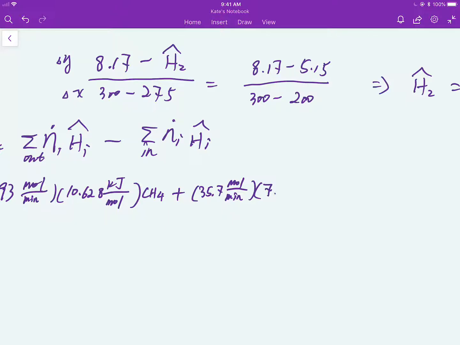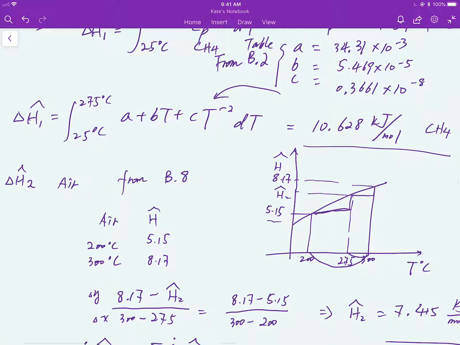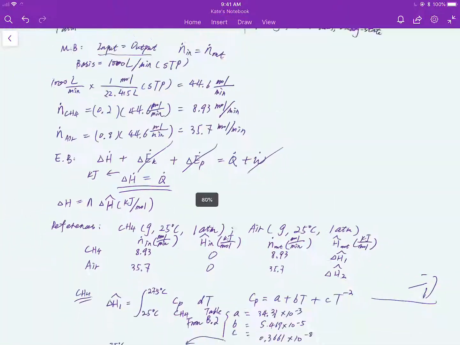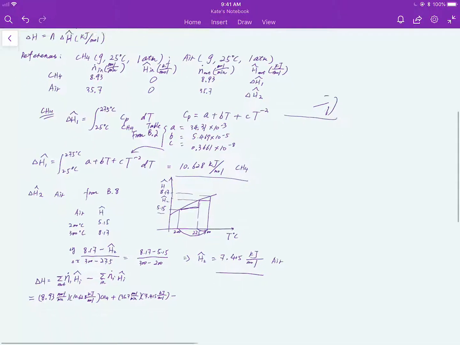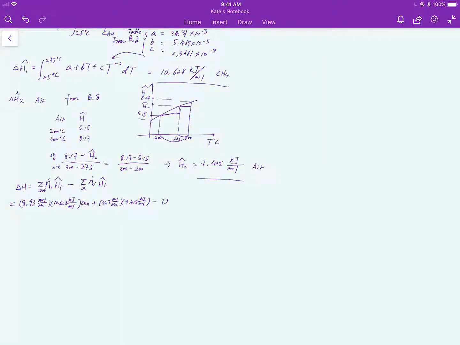That is, I'm sorry. Yeah, this is outlet. This is the outlet stream, because we have to use outlet stream minus inlet stream. The specific enthalpy in the inlet stream is 0, so everything times 0 is 0, right?